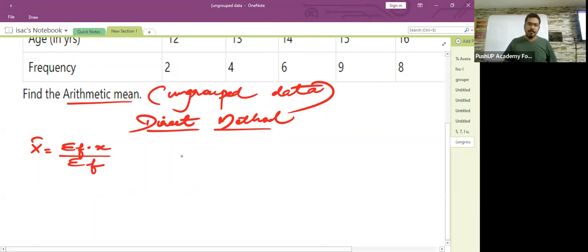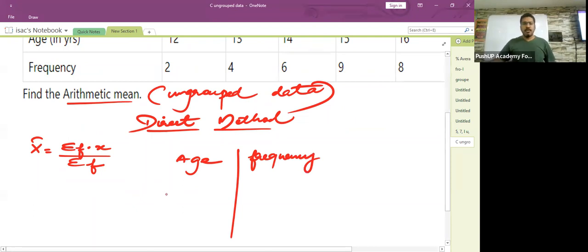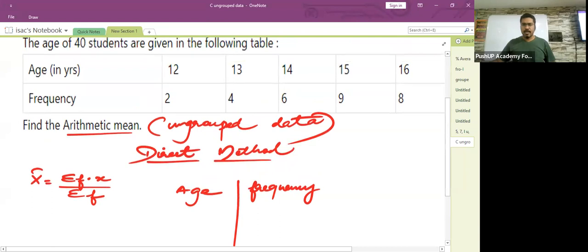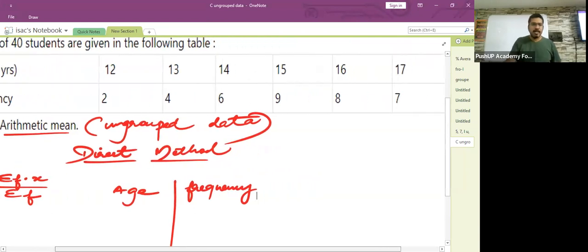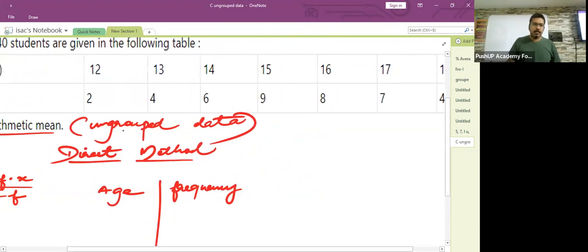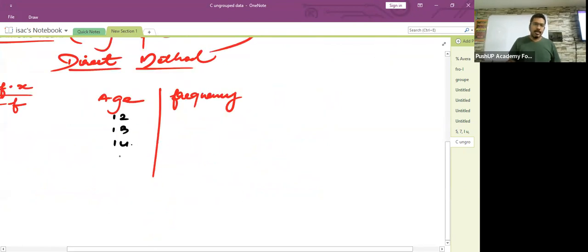Okay, so let's do it. What was the first column here? Age. And the second column here, frequency. Kindly create the table here. So what are the different ages? 12 to 18, I think, isn't it? 12 to 18. So I will write it in the top to bottom manner: 12, 13, 14, 15, 16, 17, 18.